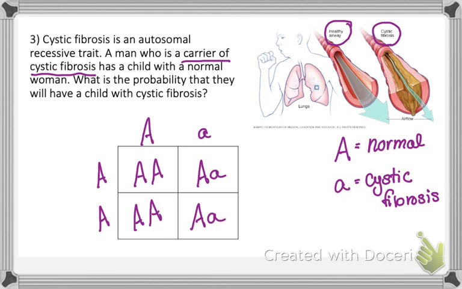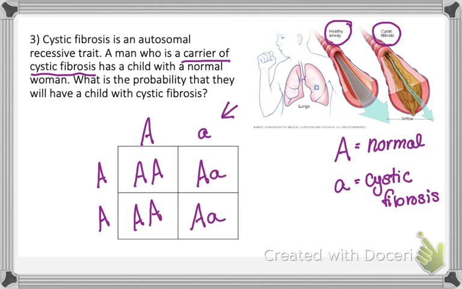So let's look at our example. A man who's a carrier for cystic fibrosis, that's going to be this guy right here. Remember from our earlier slides, a carrier is heterozygous. And he has a child with a normal woman. Technically, normal could be big A, big A, or big A, little a. But since the problem already told us that you're either a carrier or you're normal, we can assume that as normal, she is not a carrier.